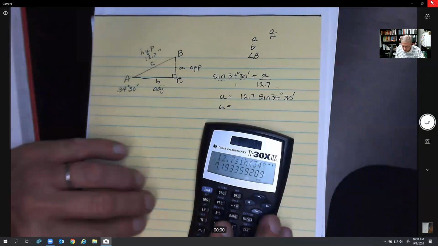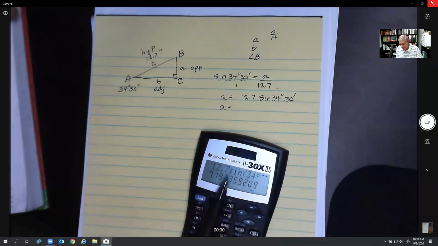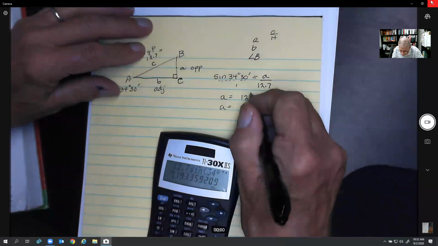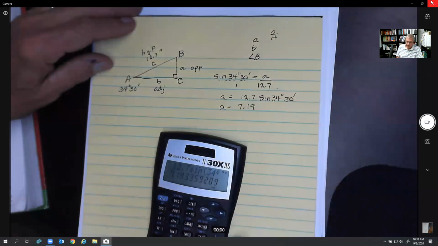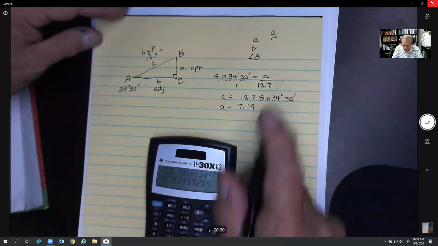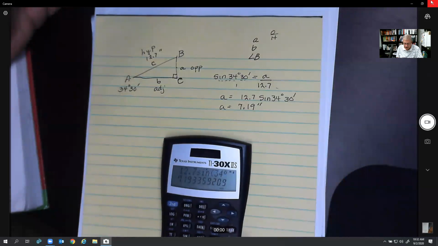They're carrying out 2 decimal places. You see how easy that was? I didn't even have to put a times sign in there. Now, if you're not using this calculator, it may be different. I can only tell you how to do it on this calculator. And we want to put inches so we don't get confused that we were trying to find degrees.